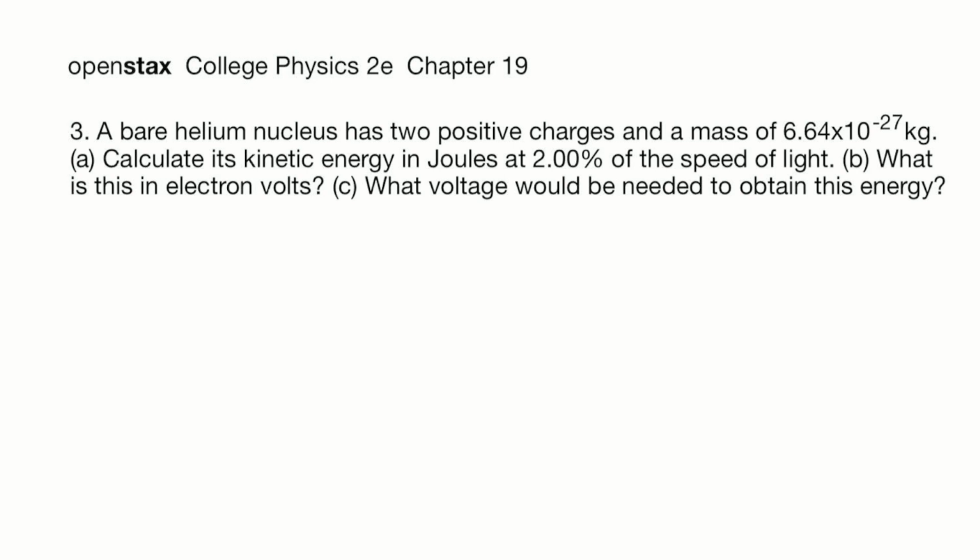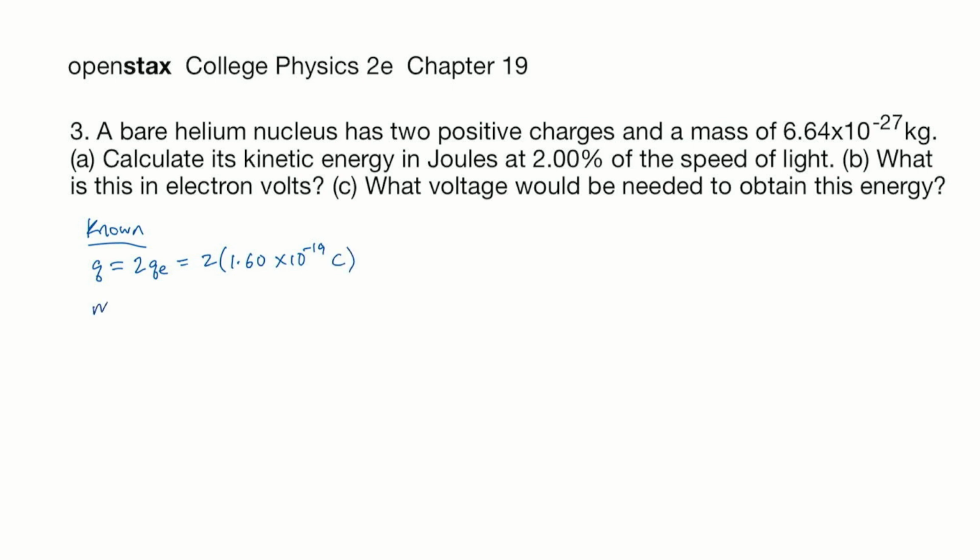Okay, let's start with what we know. We know the charge. It's positive charges, and there's two of them, so that's 2 QEs, or 2 times 1.60 times 10 to the minus 19 coulombs.